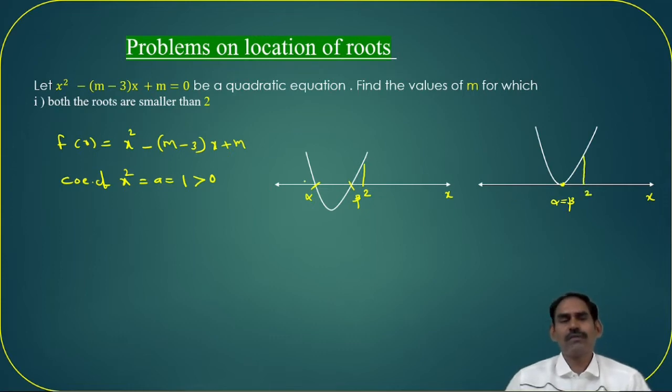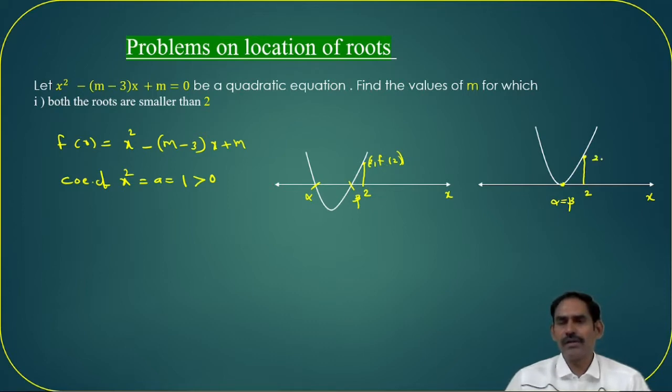Now what about f of 2? If you draw the vertical line at 2, it meets the parabola at the point (2, f of 2), which lies above the x-axis. That's why f of 2 is positive. Similarly here also.